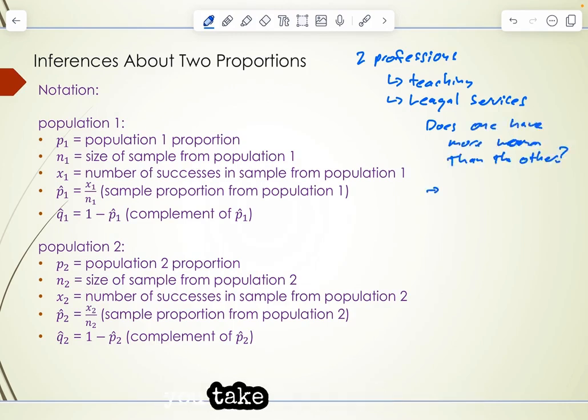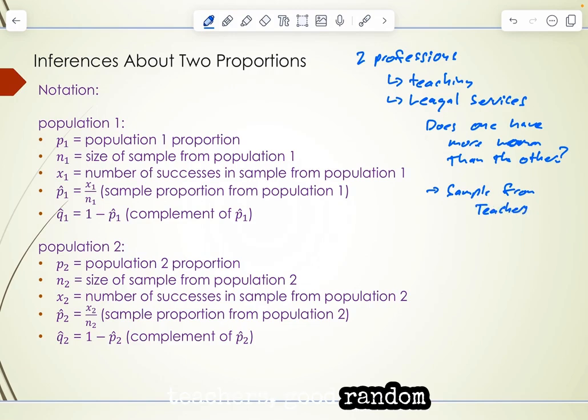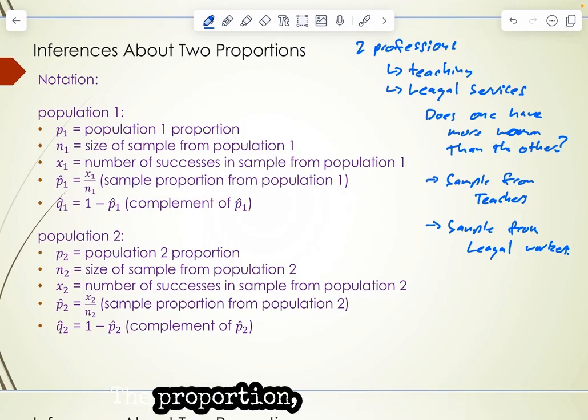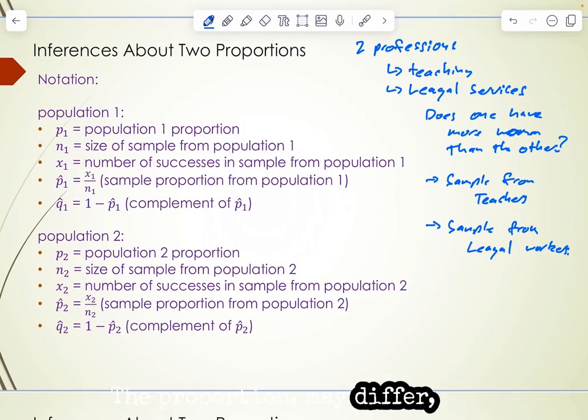You take a sample from teachers, good random sample, and a sample from legal workers, and you get a proportion from each sample. The proportion may differ, but does it differ significantly? And we can do a hypothesis test to determine whether the difference in proportion is significant.